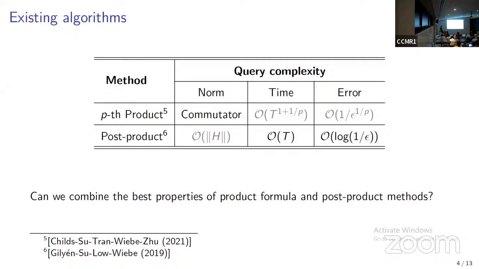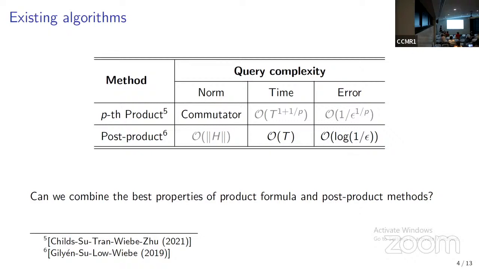We cannot improve the order p to make it almost linear, because as long as we are constructing higher and higher order product formulas, we have to use exponentially many local exponential terms. It prevents us from getting the time scaling to almost linear. Also for the error dependence, it is always polynomial in 1 over epsilon. Of course, we can make the degree of this polynomial as small as possible, but we can never achieve a polylog scaling, due to the same reason.